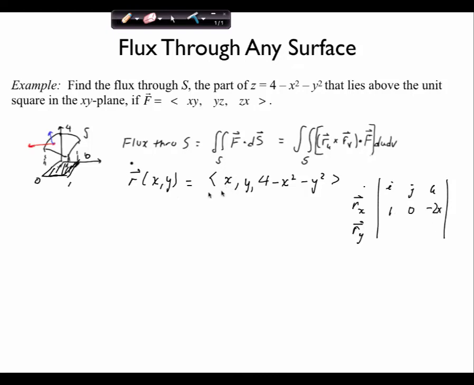Partial of R with respect to Y, 0, 1, minus 2y. Okay, so then Rx cross Ry is going to be, so i is 2x. And then j is going to be 2y. And k is going to be 1.